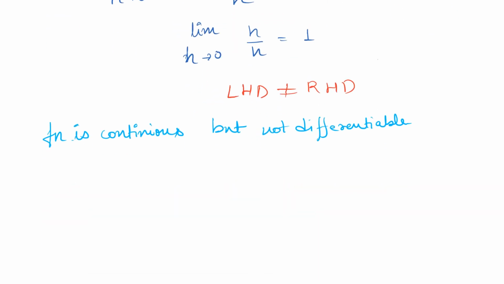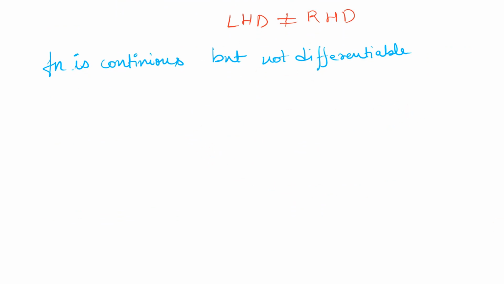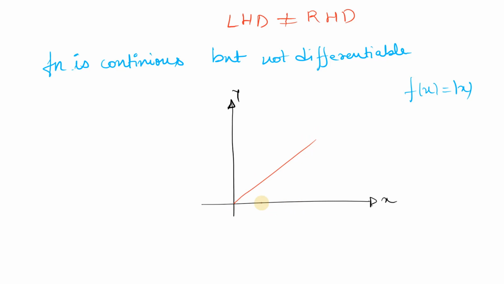We can also check this from the graph of this function. Let's say this is the x axis and this is the y axis. Now we are given the function y is equal to f of x is equal to modulus of x. Let's plot it. It will be something like this. When x is greater than 0, the value of y is x, and when x is less than 0, the value of y is negative x.